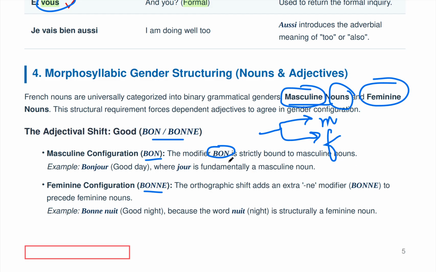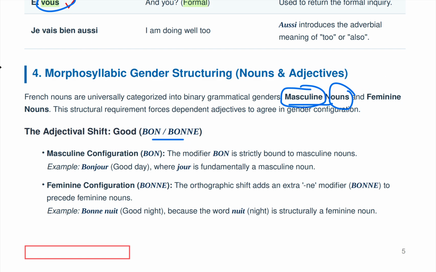So if I tell you in the definition form, it simply says that bon is strictly bound to masculine nouns. Bonjour means good day. Here jour is a masculine noun. Again, in the feminine, we add an extra e.